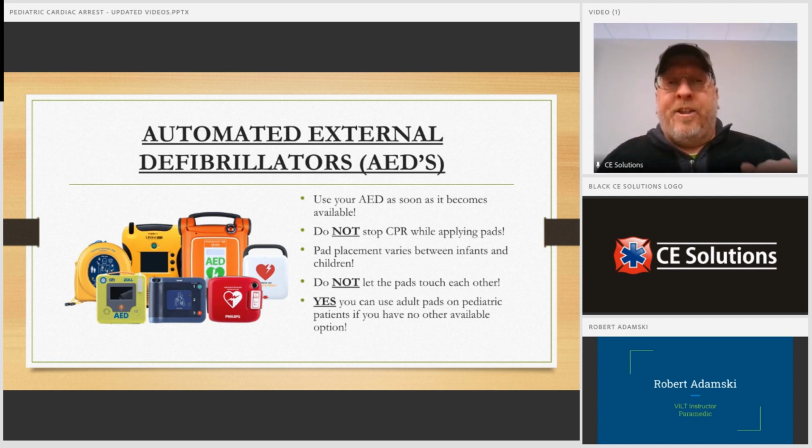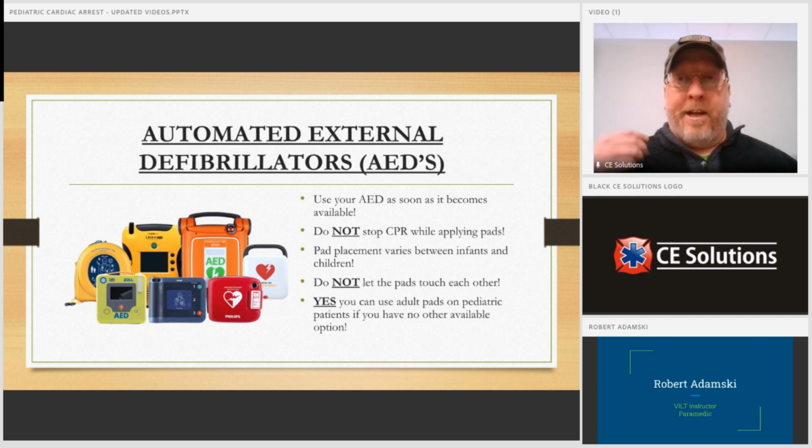Now, in addition to that, realize that pad placement may vary between infants and children. Historically, and I'm going to show this on a slide that's coming up, AED pads or defibrillator pads go on the upper right, lower left.